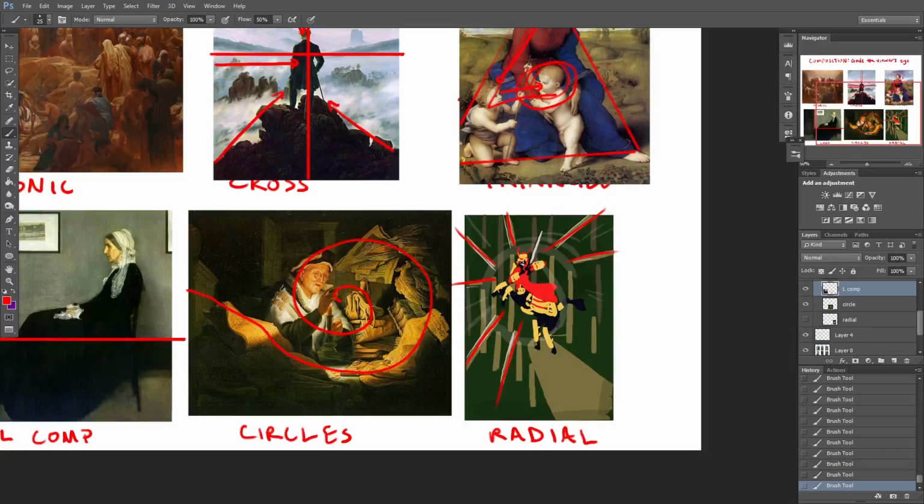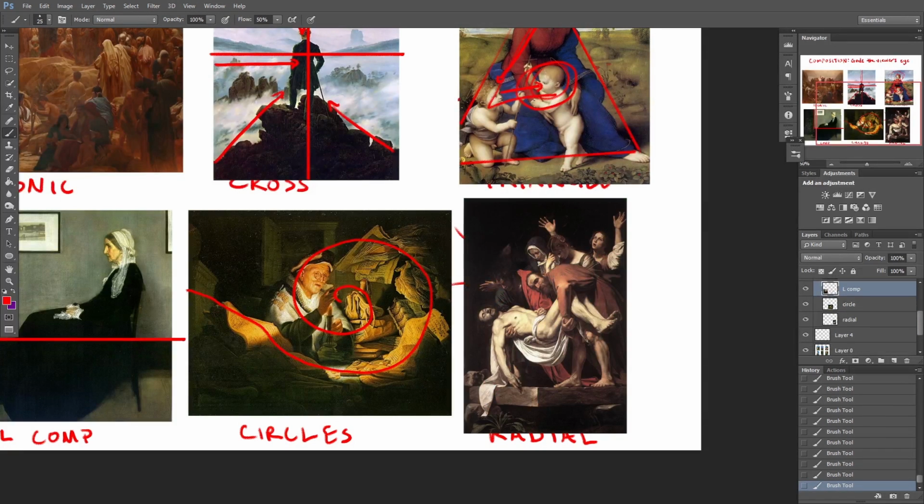And then the example for this one is really interesting. This is Deposition from the Cross by Caravaggio. Here, the radial point, the point that everything is radiating from, is actually not the focal point. The radial is actually starting here and follows all of these shapes ultimately to land us on Jesus.